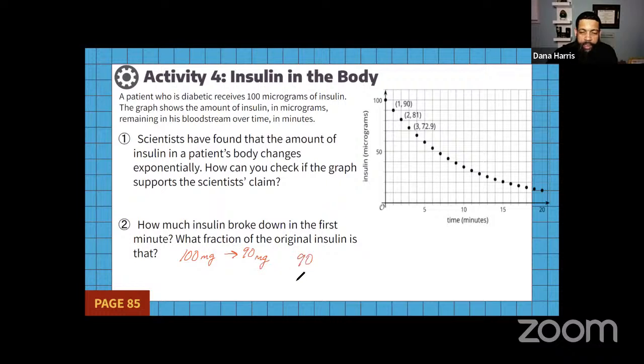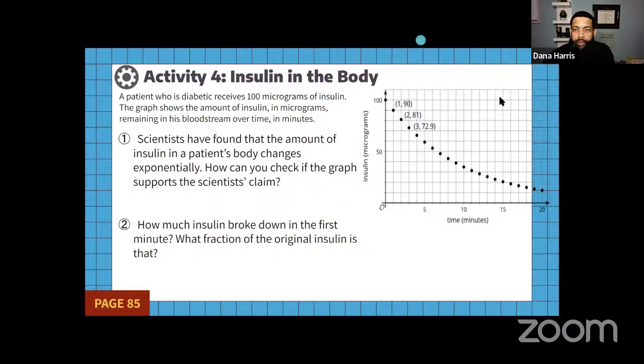So 100 to 90, so 10 micrograms broke down in the first minute. What fraction of the original insulin is that? Well, 90 out of 100 is equal to 9/10. So that's the fraction.